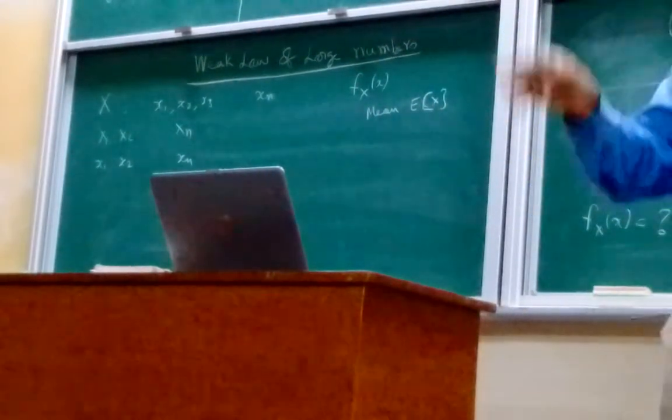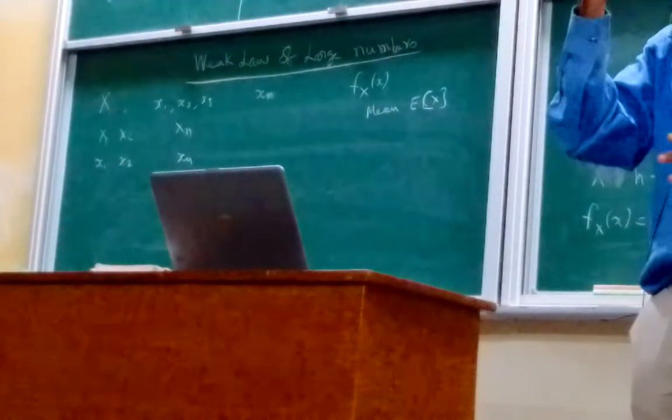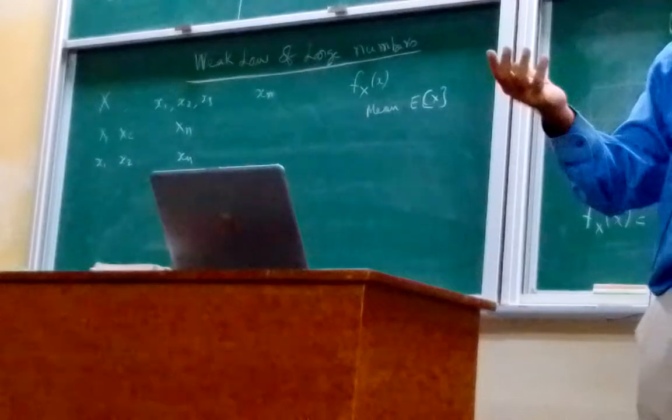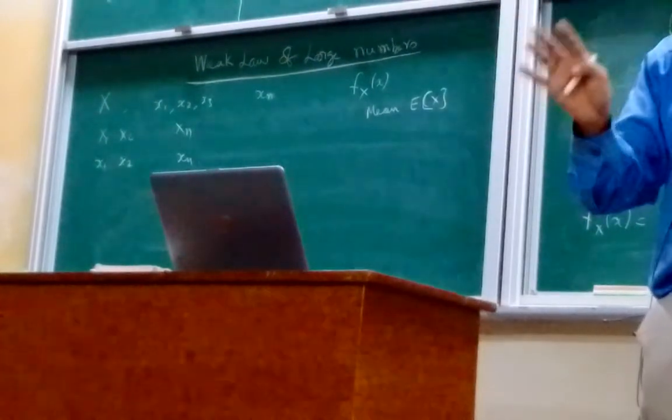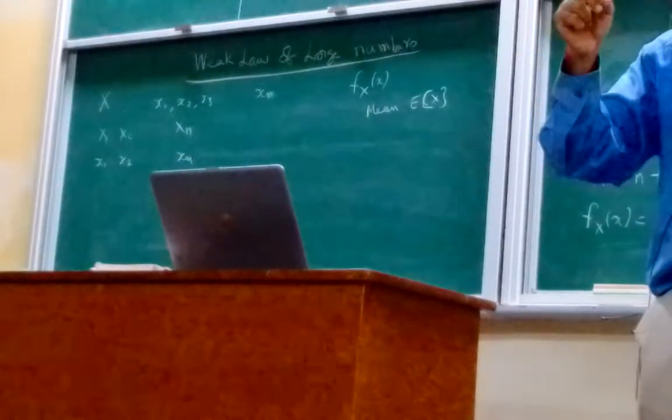That is, you know the sample space, you know what all events can occur, and the sigma algebra is also constructed. Then we know the probability measure for each of these events.